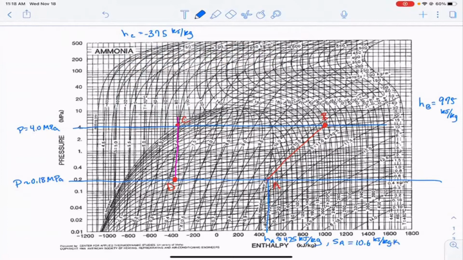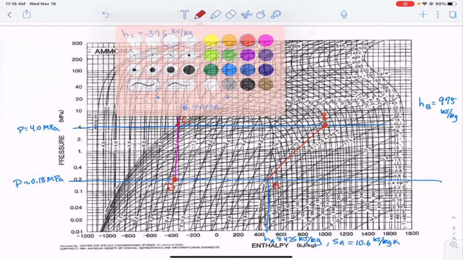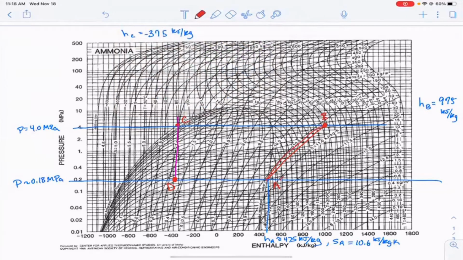Now, before we do any more calculations, does anybody have any question about how I use the diagram? To find B, you follow the constant entropy? Correct. Okay. Yeah, and you'll notice the constant entropy lines are sort of curved, right? So you'll have to make an estimate. Here, that was about 10.6 at the bottom down there. And so all I did up here was try to get to a point where it was about a fifth of the way between the 10.5 and 11.0 line, okay?